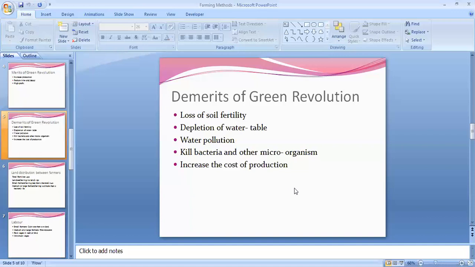It means when by using chemical fertilizers and pesticides the fertility of the soil has decreased, then to gain the same production, the farmers are forced to use these chemical fertilizers and modern inputs, which results in an increase in the cost of production. So these are the merits and demerits of the Green Revolution.